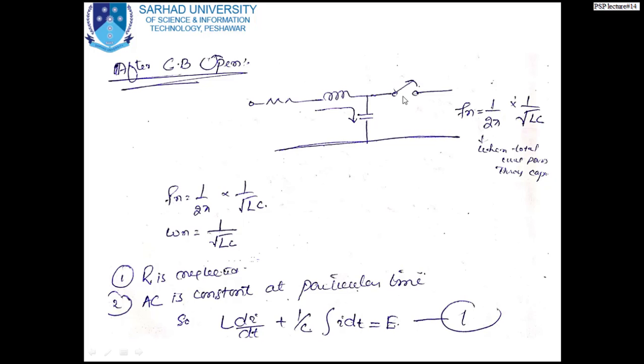But when the short circuit part is finished, the current is again diverted through the capacitor, flowing through resistance, inductance and capacitor. By omitting the resistance of the circuit, which has very little effect, we have only an LC series circuit, represented by the differential equation L di/dt plus 1/C integral of i dt is equal to E.